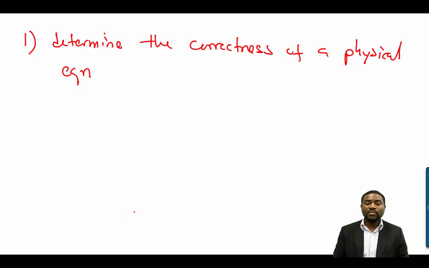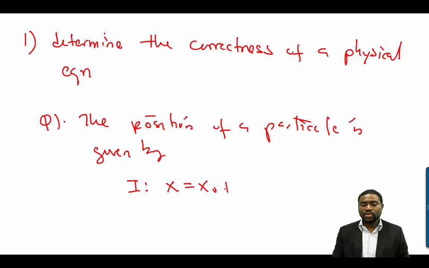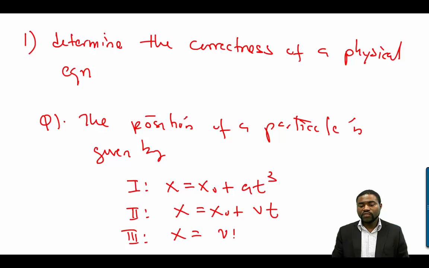Take, for example, let me give a short question. The position of a particle is given by: 1, x equal to x naught plus at cubed. 2, x equal to x naught plus vt. 3, x equal to vt plus half at cubed.